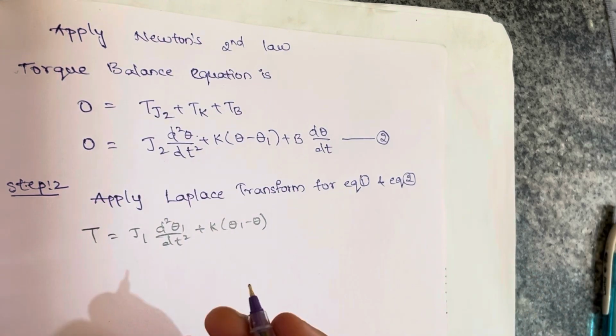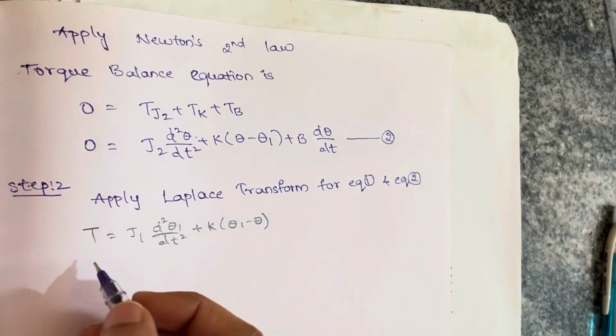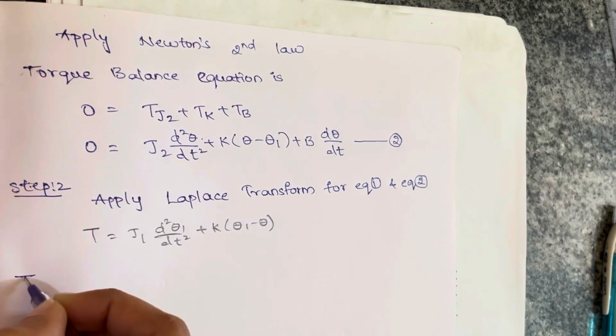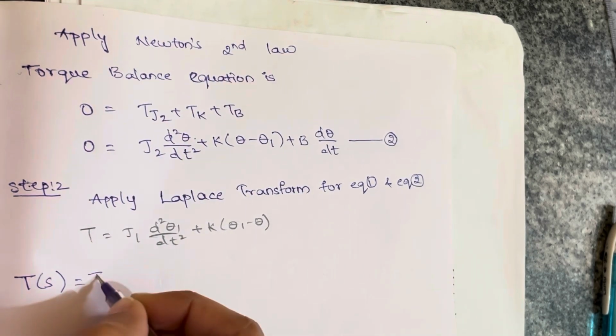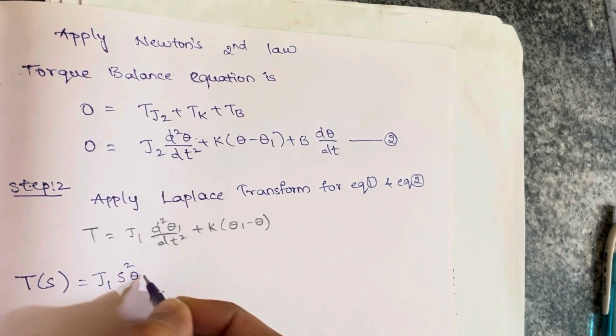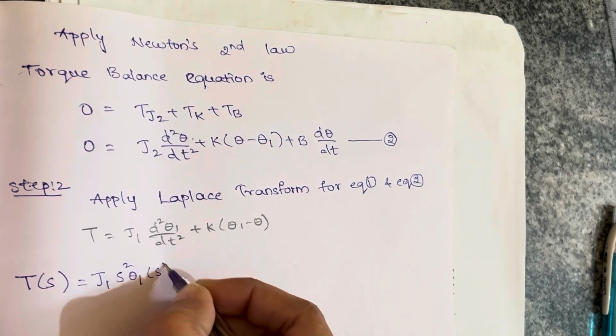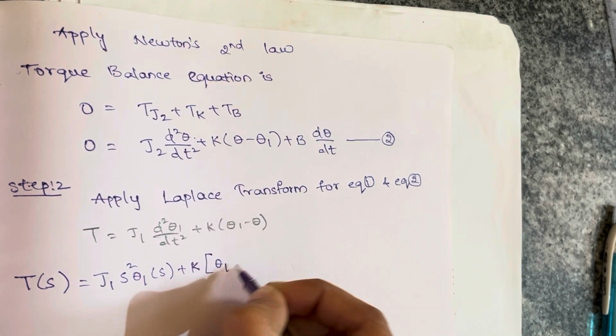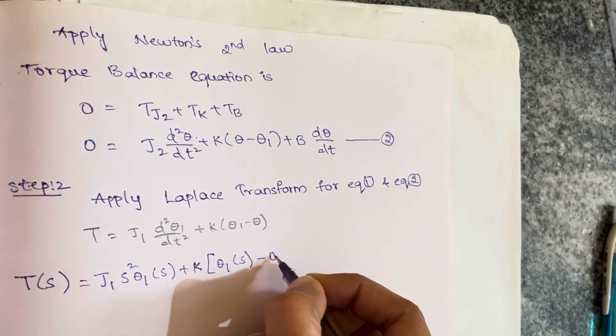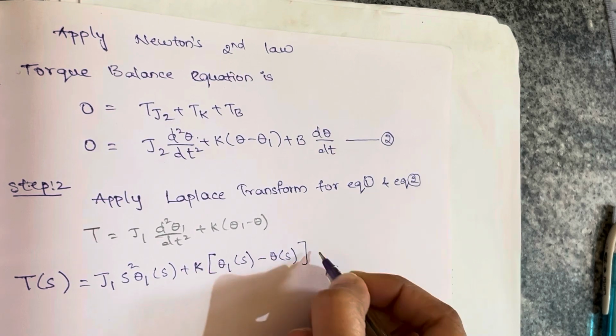So now we have to write the Laplace transform for this equation. What we get? T of s equals, for this term, J1 s square theta 1 of s plus k into (theta 1 of s minus theta of s).